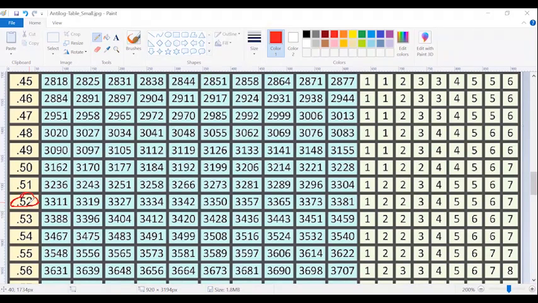We have moved here. Then 0.5247, so I will move to the fourth column.